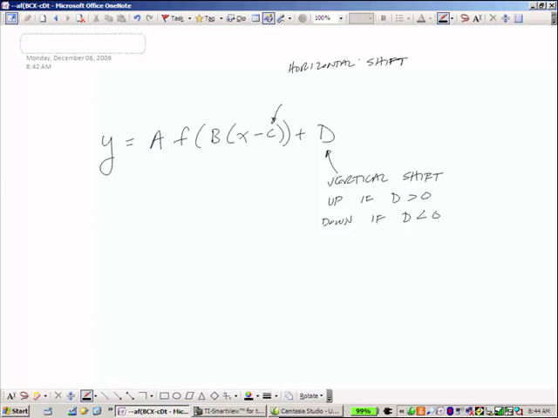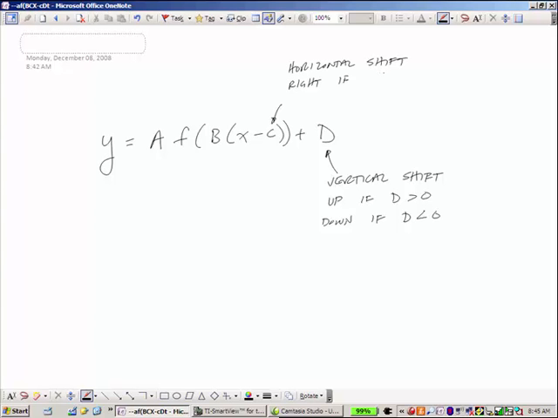So we should probably talk about whether it's left or right, given that I put x minus c in there. Sam? It's going to shift right because, should I say, sure, or tell me right if what? If c is negative, if c is less than 0, then the horizontal shift will be right.